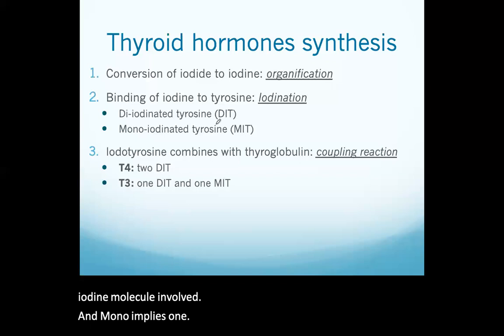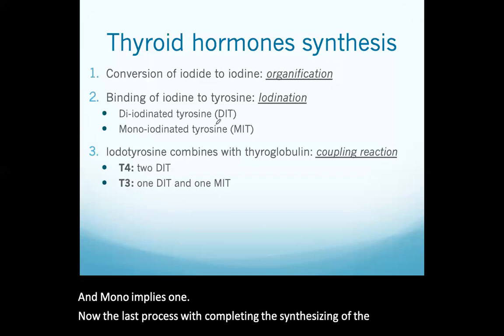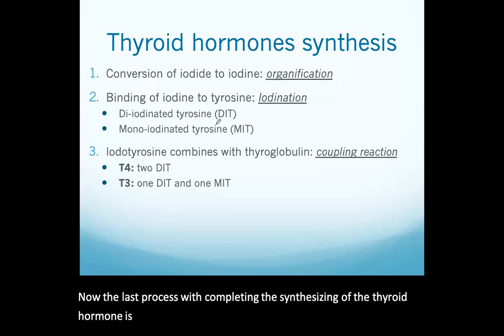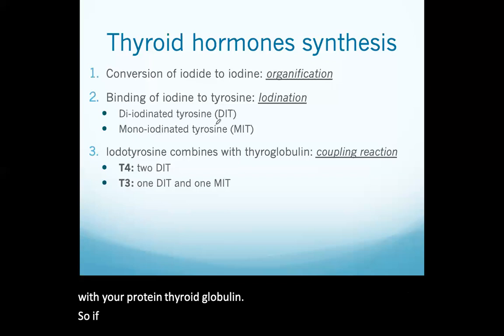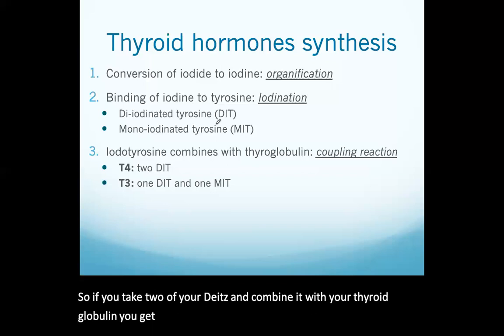Now, the last step in synthesizing the thyroid hormone is the coupling reaction, where you combine either your DIT or MIT with your protein thyroglobulin. If you take two of your DITs and combine them with your thyroglobulin, you get your T4.